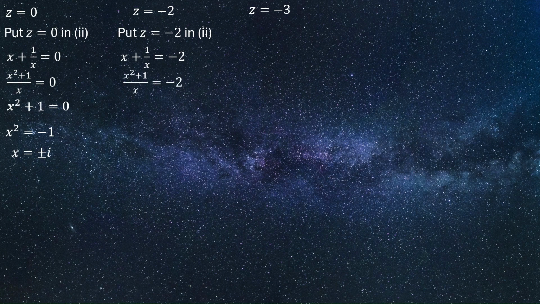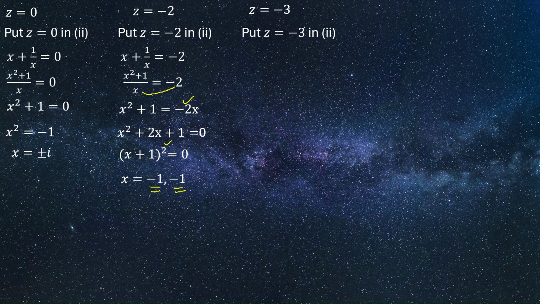We take LCM on the left hand side, multiply this x with minus 2 and get x square plus 1 is equal to minus 2x. Transpose minus 2x towards the left and we get x square plus 2x plus 1, which is the perfect square of (x plus 1) whole square, and we get x is equal to minus 1, minus 1. As the power is 2, therefore minus 1 will be written twice.